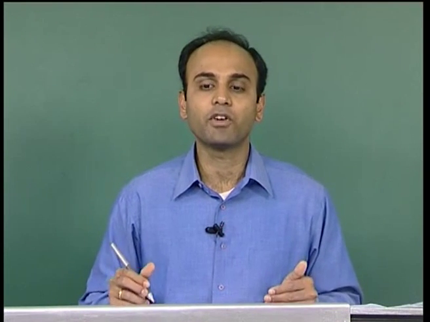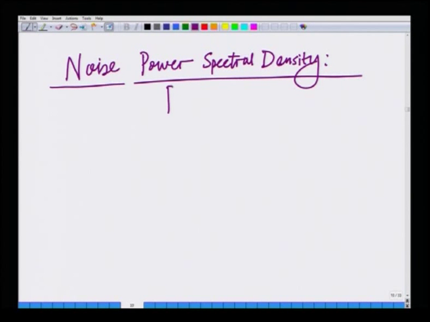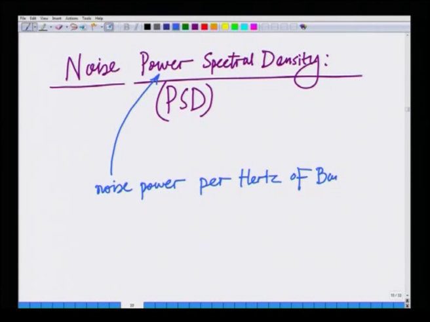First is known as the noise power spectral density, simply abbreviated as PSD, which as the name suggests is the density of the noise per hertz, that is, the noise power per hertz of bandwidth.